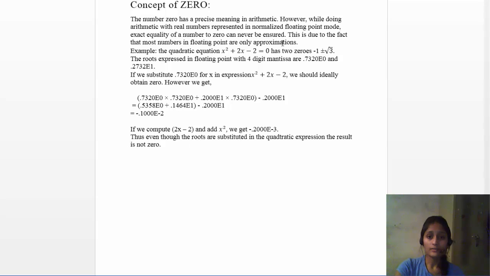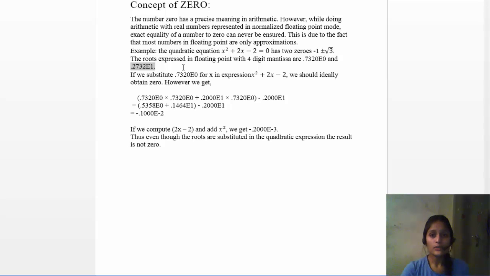The number zero has a precise meaning in arithmetic, because whenever we want to compare some number with zero, we can never compare it with the exact zero. We can see an example here. The quadratic equation x square plus 2x minus 2. It has two roots, and the normalized representation of these two roots is this.